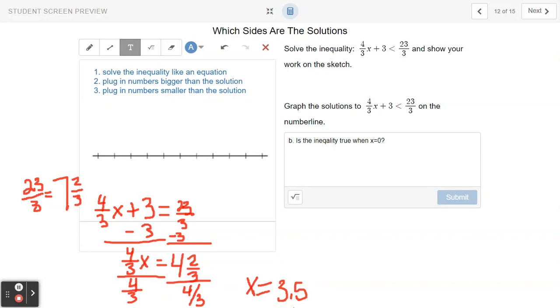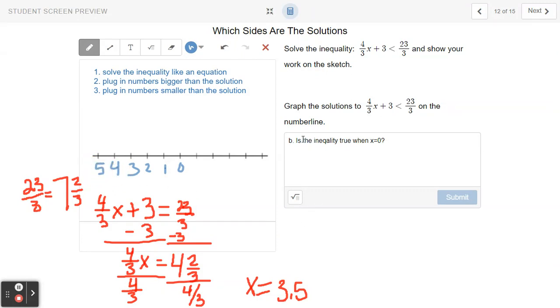Now that I know that, I'm going to start trying out some numbers. So we're going to make this 0, 1, 2, 3, 4, 5.